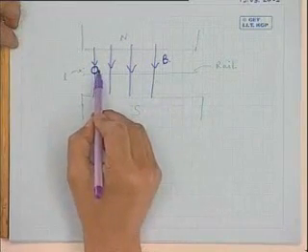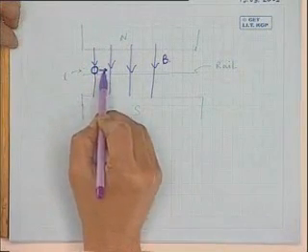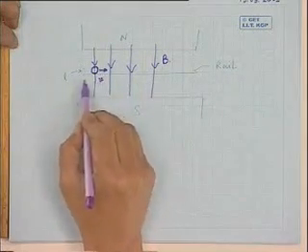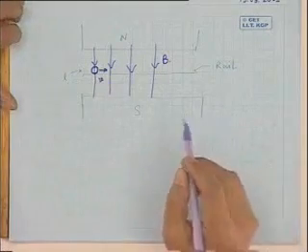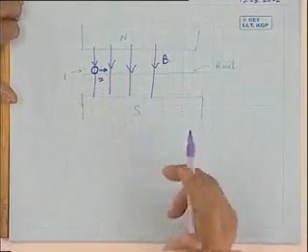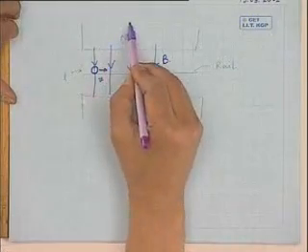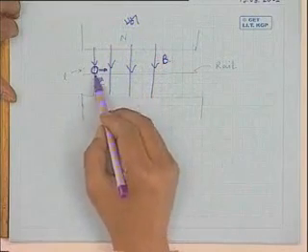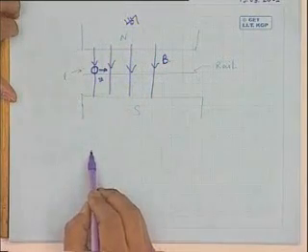However, if the conductor moves with a linear velocity along this direction with V meter per second, then there will be voltage induced across the ends of the conductor. So in this diagram, if you look from the top and want to see the length of the conductor, it will be like this.